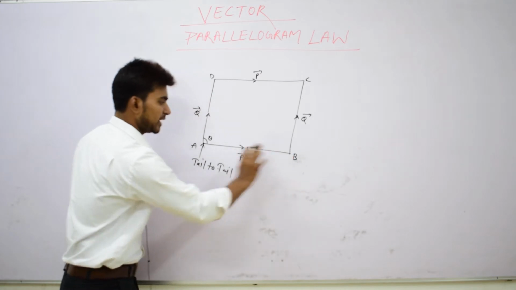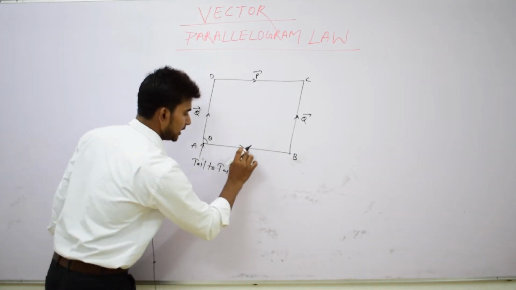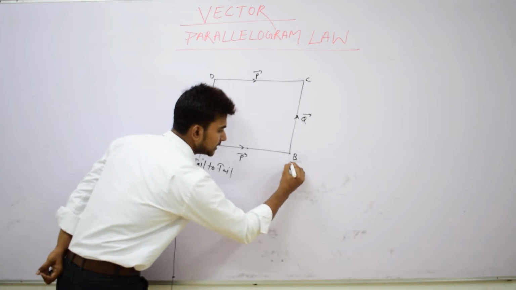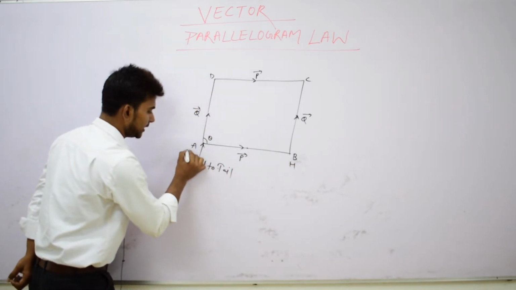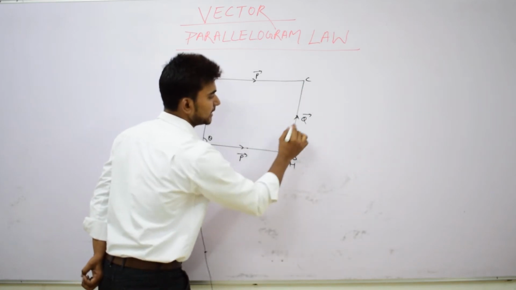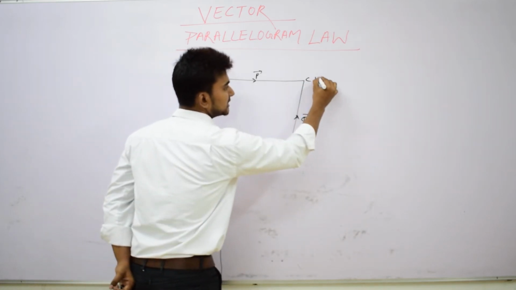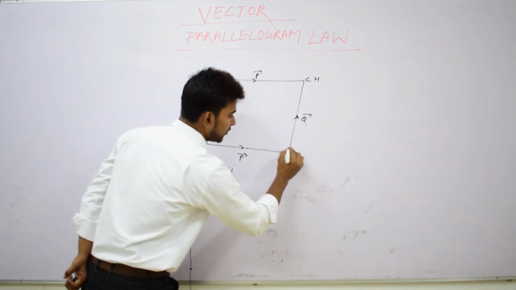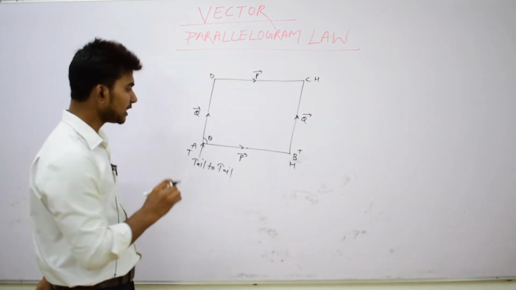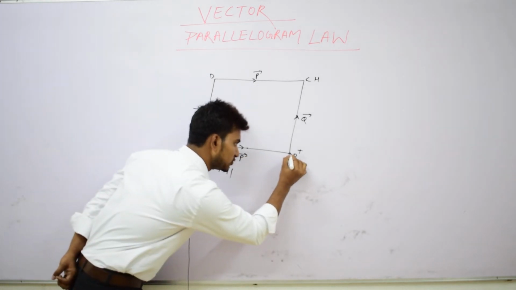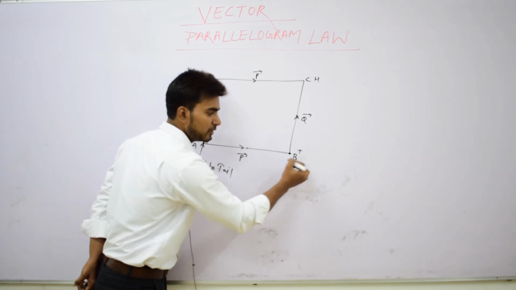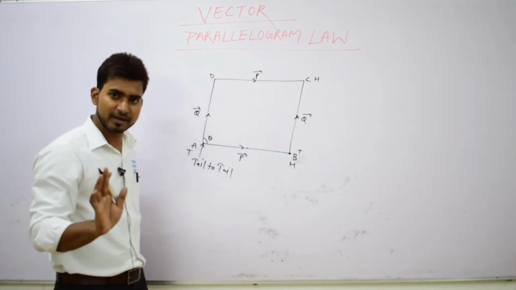For AB, the arrow is towards point B, so B is the head and A is the tail point. In the same manner for BC, the arrow is towards C, so C is the head and B is the tail point. This is the point of joining, where head to tail are connected. So it is valid now.